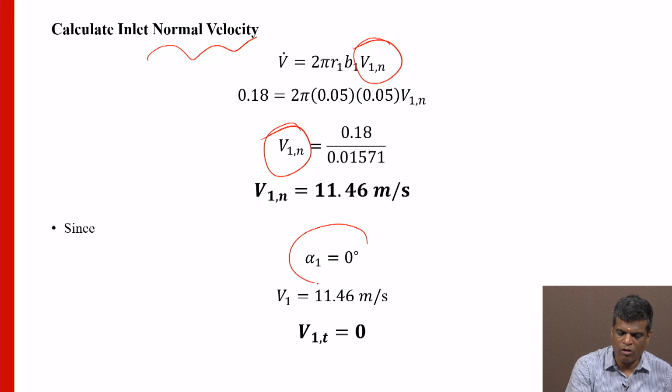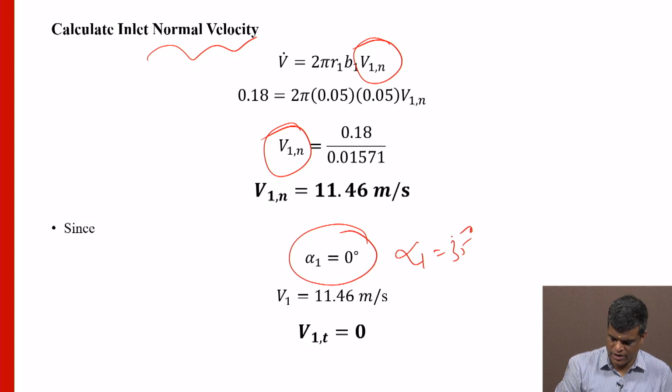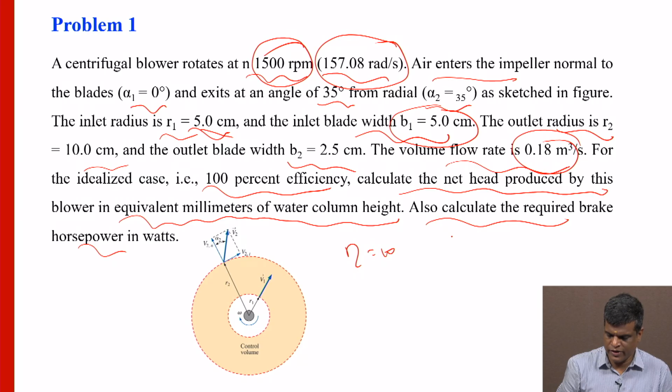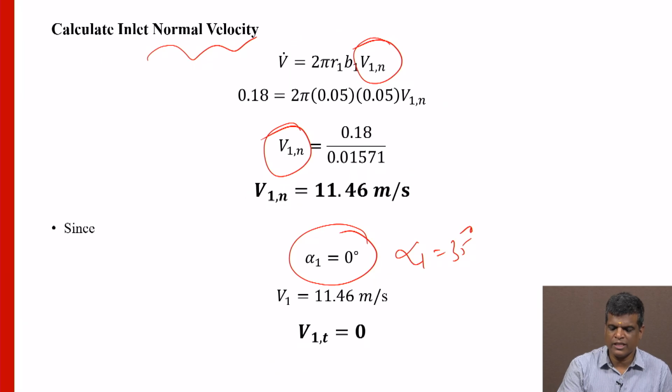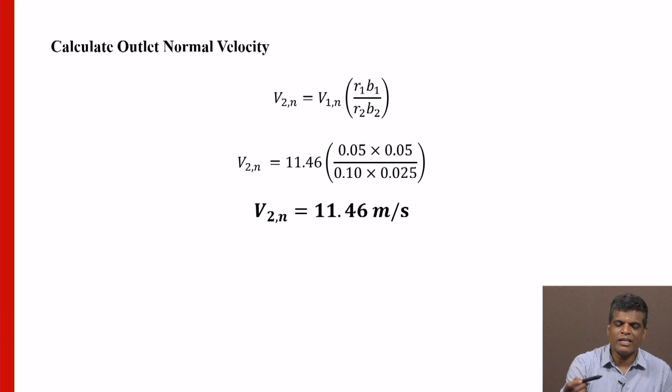In the first case alpha 1 is 0, the second case the angle alpha 2 is 35 degrees. So in the first case alpha 1 equals 0, so in this case V1t equals 0. Now calculate the outlet normal velocity V2 here.